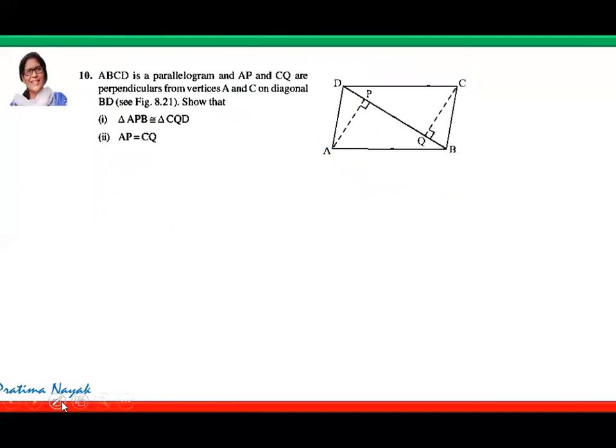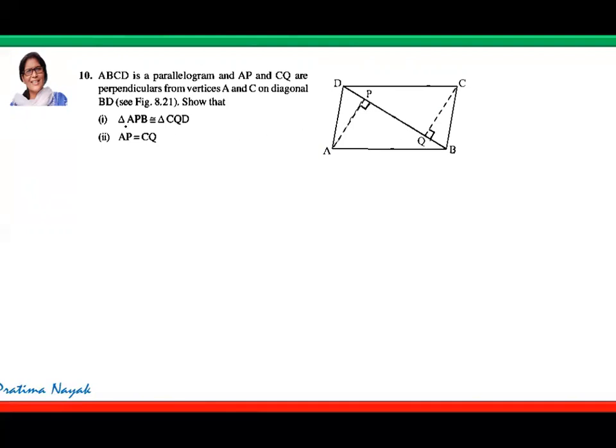Question number 10. ABCD is a parallelogram. APCQ are perpendiculars drawn, and a perpendicular makes 90 degrees. Perpendiculars from A and from C on DB. These are the perpendiculars. First again I say ABCD is a parallelogram, AP is a perpendicular making 90 degrees, CQ is a perpendicular making 90 degrees on BD.